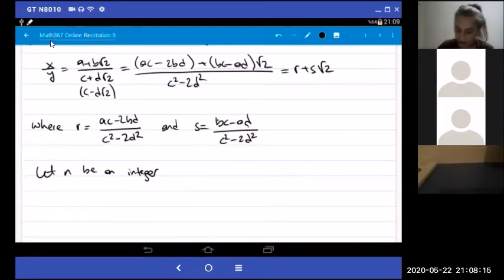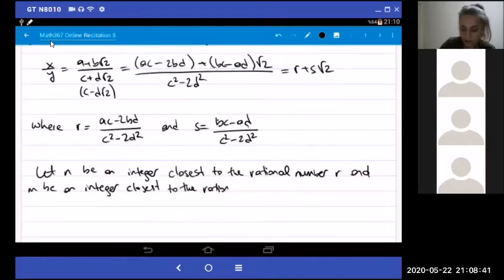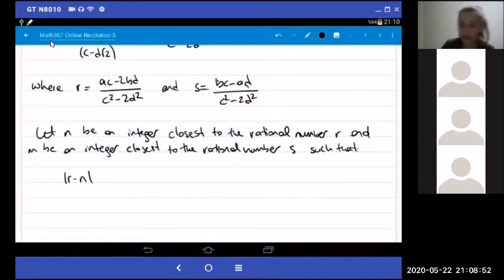Now let n be an integer closest to the rational number r, and m be an integer closest to the rational number s, such that we have one more condition: the absolute value of r minus n, that is the distance between these two numbers, is less than or equal to 1 over 2, and the same should be true for the distance between s and m.